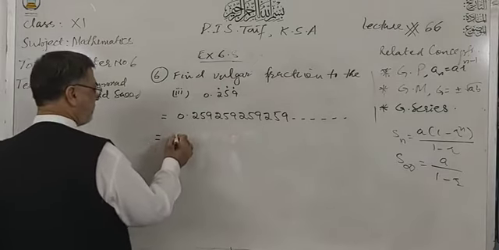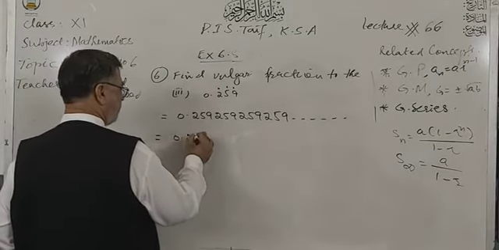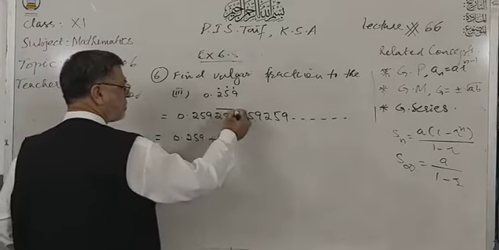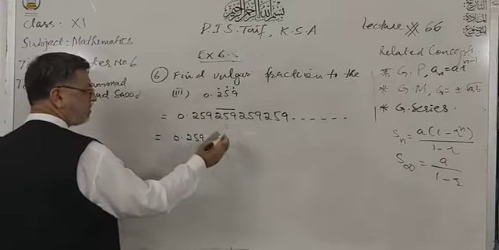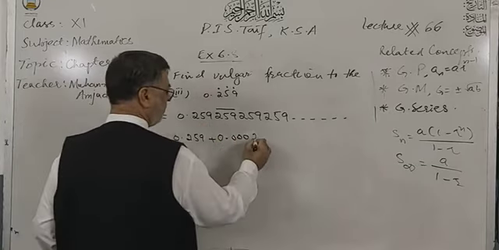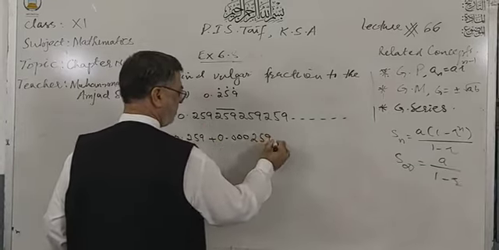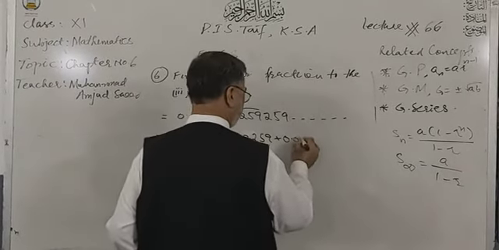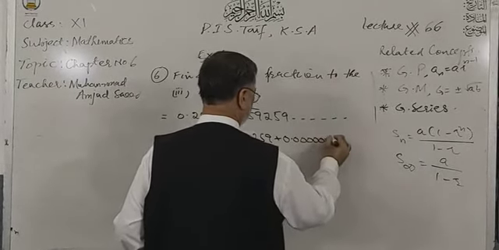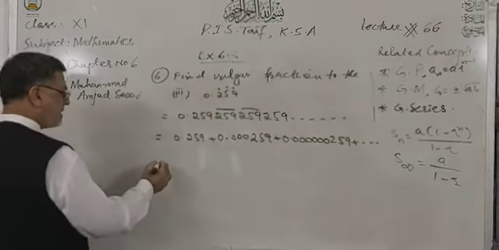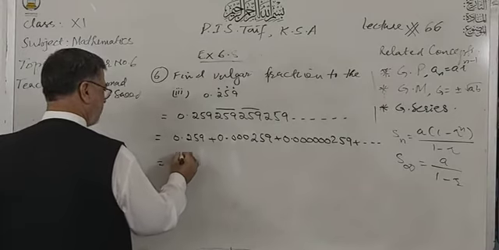So you have 0.259 plus, for the next 259, the previous 3 digits will have 0 position, and then for the next 259, the previous 6 digits will have 0 position, plus so on.